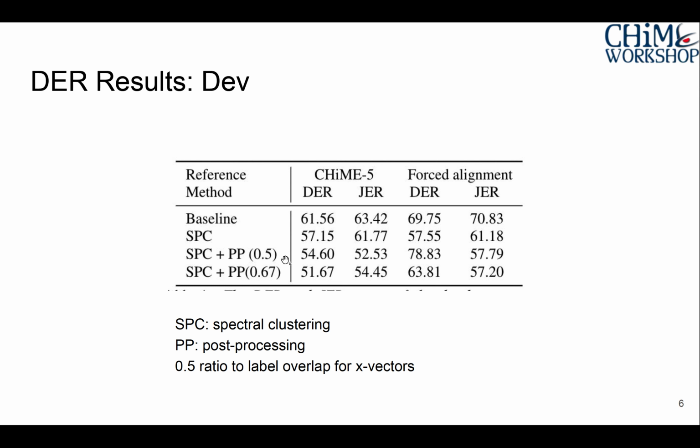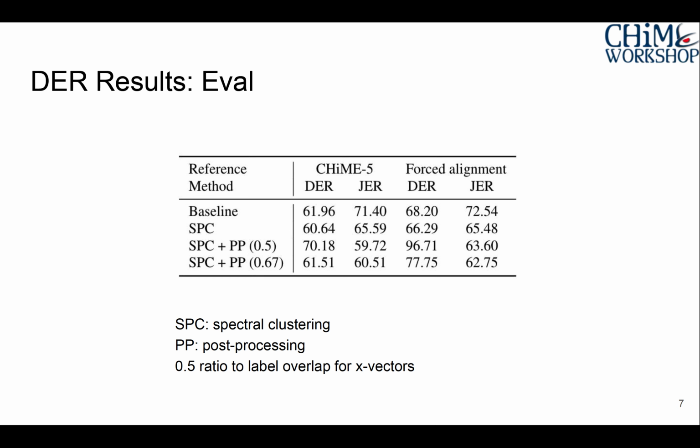And if we compare the three settings, we find that the spectral clustering with post-processing and the ratio 0.67 got the lowest DER if we use the CHiME 5 as the reference. Well, if we use the forced alignment as a reference, the spectral clustering method got the lowest DER.